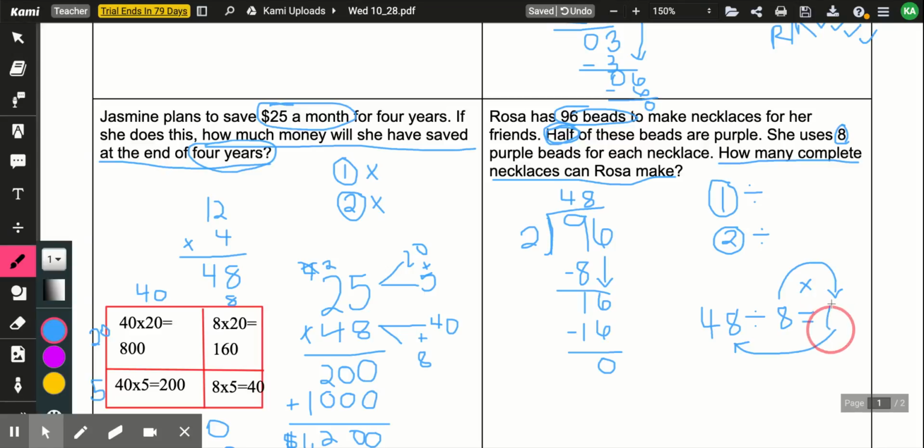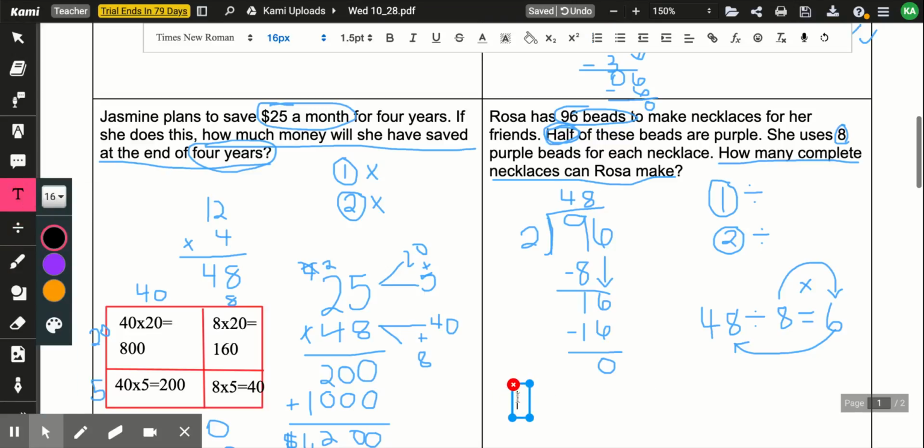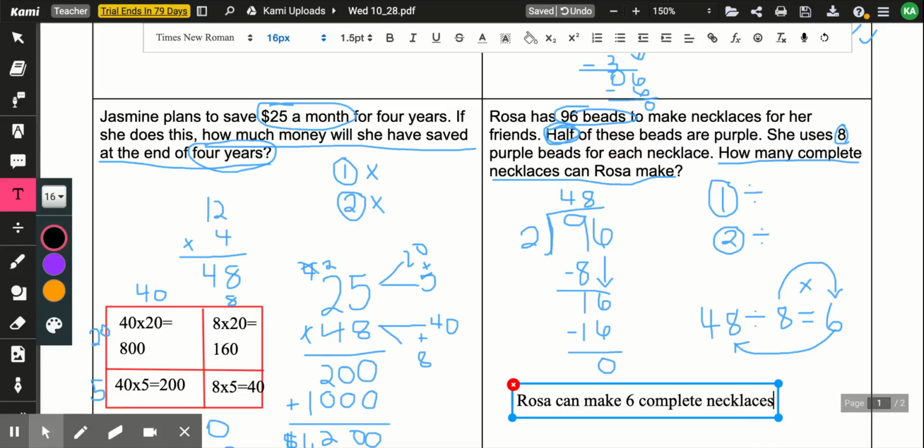That is 6 times. So now how many complete necklaces can Rosa make? Rosa can make 6 complete necklaces. All right, you're now going to have some practice problems to do on your own.